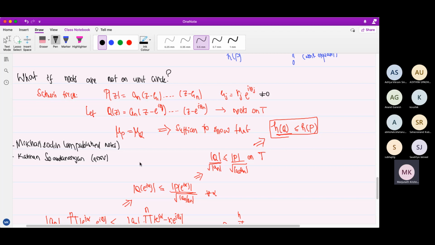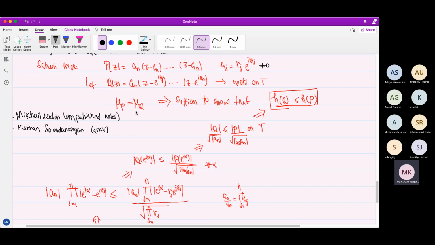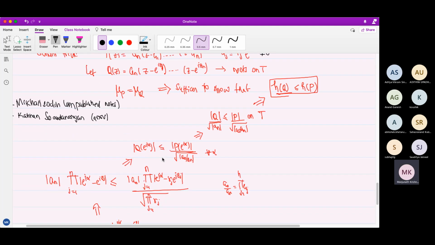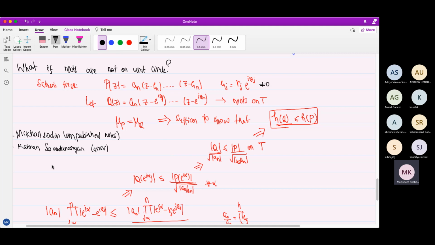And for Q, we know a good bound. We know that mu Q of I minus m of I has a bound of the form constant times square root of h of Q over square root of n, where n is the degree.